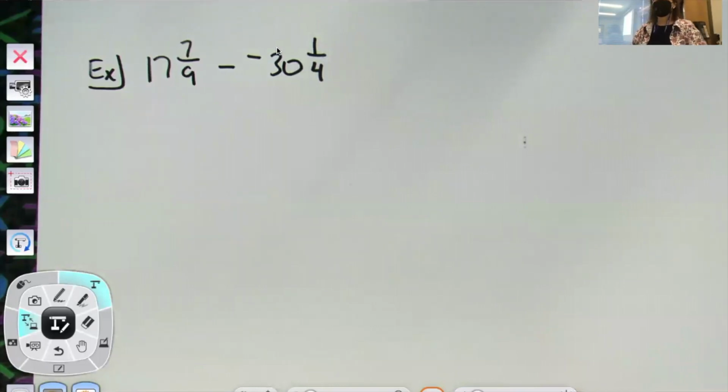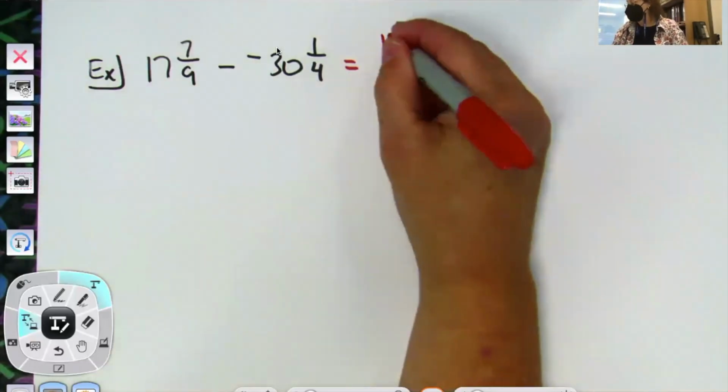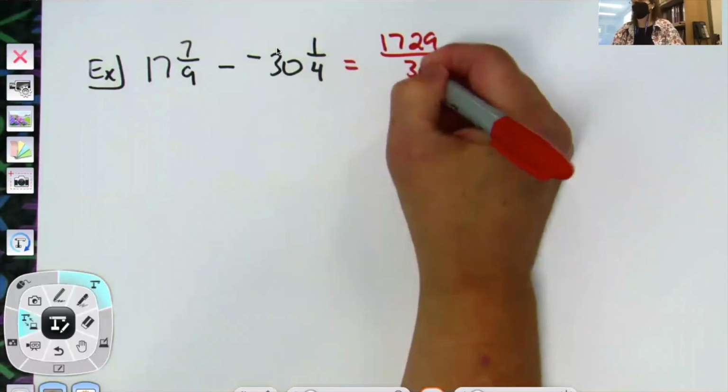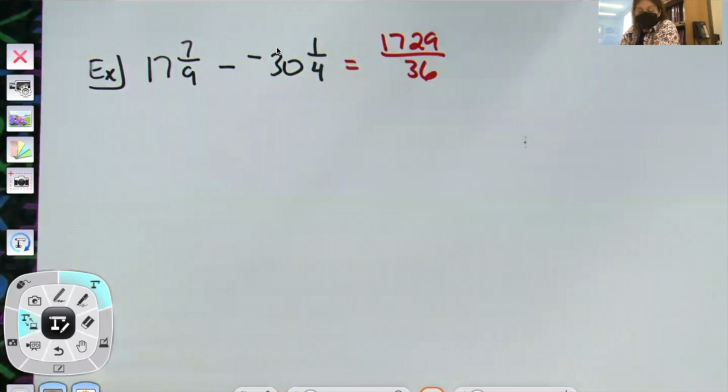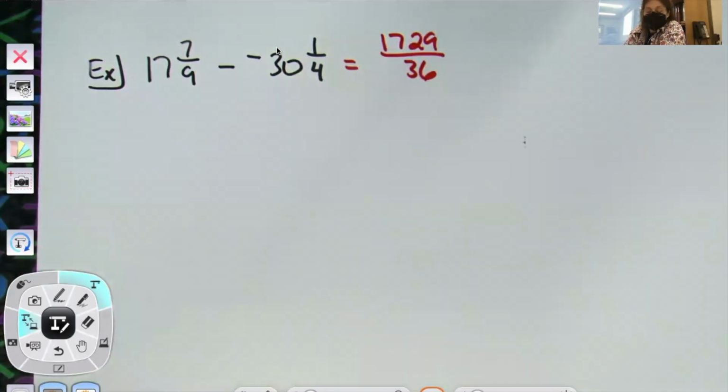And mine went to a mixed number, because it's probably going to always do the mixed number. As a mixed number, I got 1,729 over 36.